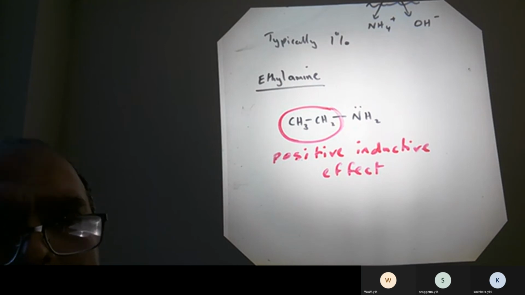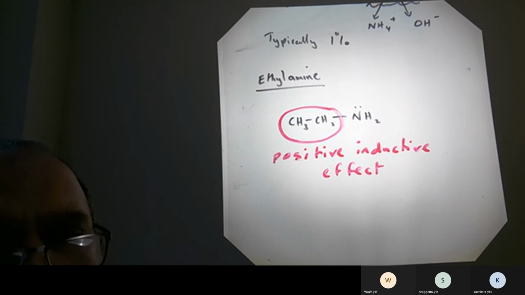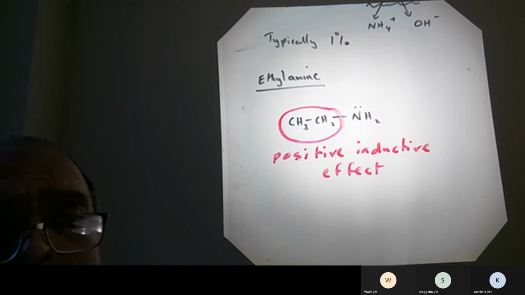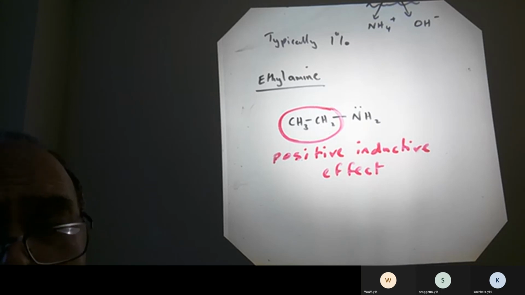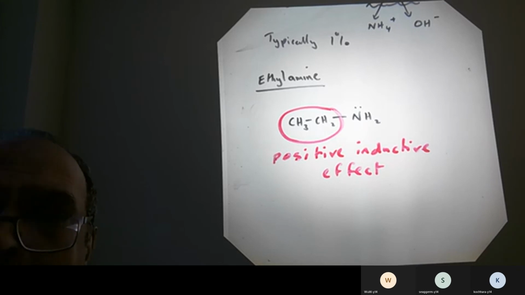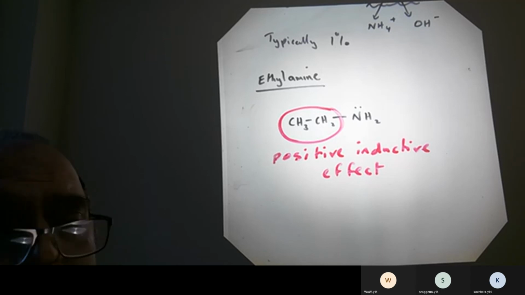If the ethyl group has a positive inductive effect, which it does, what does that mean? Well, it means that it will push electron density away from itself. So if you picture that ethyl group pushing electron density away from itself, then it's pushing it onto the nitrogen. Now the nitrogen's got that lone pair of electrons.